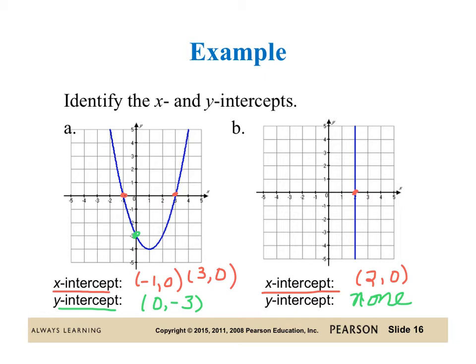And the reason there isn't is because this is actually the graph of x equals 2, and every single point on this vertical line has the x value 2. And if you remember that your y-intercept is where x equals 0, well, x is never going to be 0. So it has no x-intercept. I'm sorry, no y-intercept.